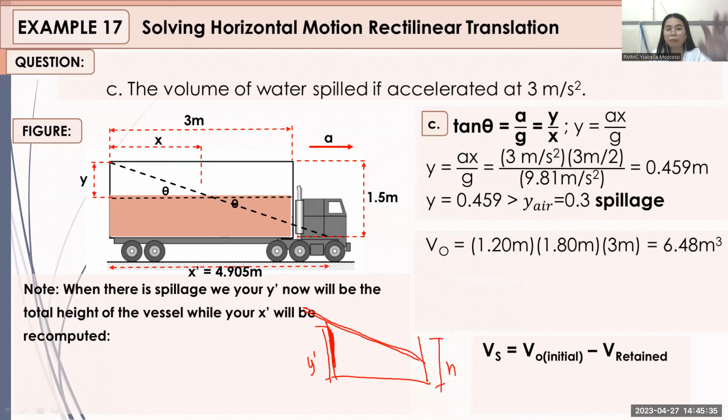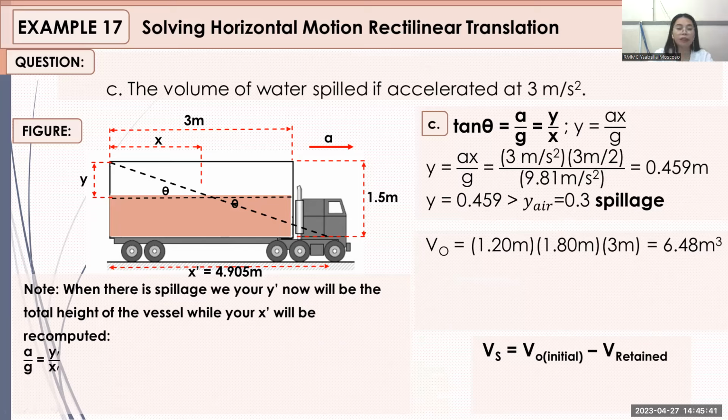So, since meron na tayong bagong y prime, magkakaroon din tayo ng bagong x prime, and we will try to get that one. Given the acceleration 3 divided by 9.81 is equals to 1.5. Again, saka lang tayo mag-consider ng height ng vessel kapag may spillage na. Okay, sana nag-make sense yun.